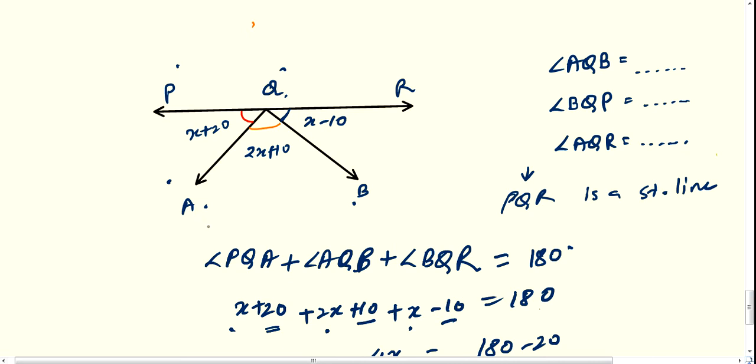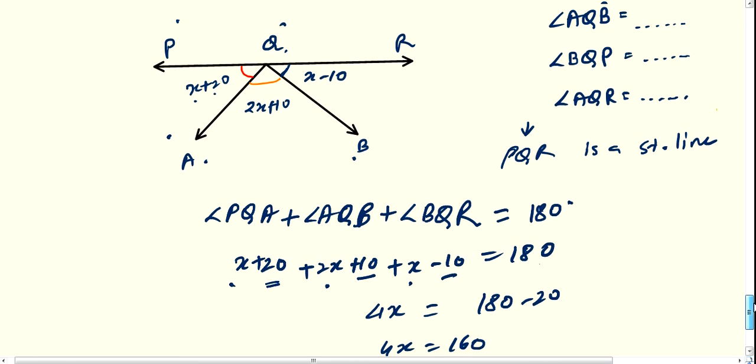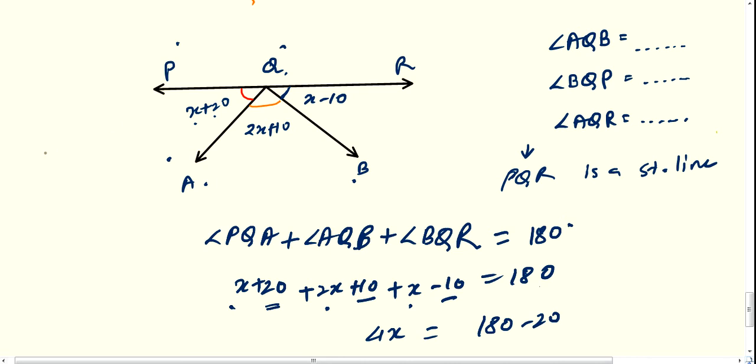So now the angles that we have to find. First x plus 20, and as you know we got x as 40 degrees. So x plus 20 means 40 plus 20, that is 60 degrees. So this angle is 60 degrees.